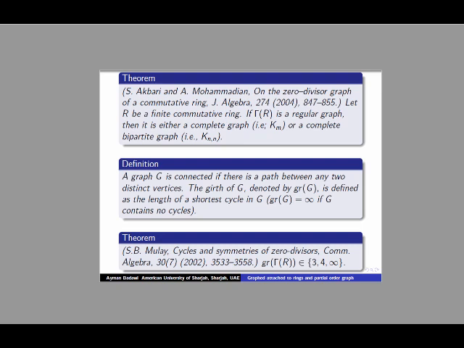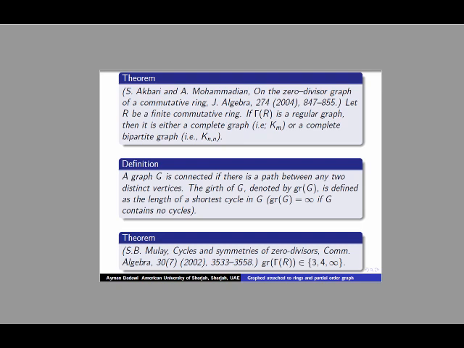So a triangle is a cycle of length 3 because I have 3 edges. A square will have girth 4 because I'm using 4 edges. So in general, if you have a connected graph, then the girth of the graph will be the length of the shortest cycle.